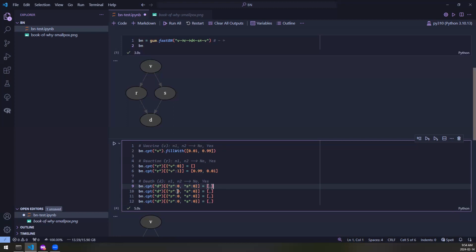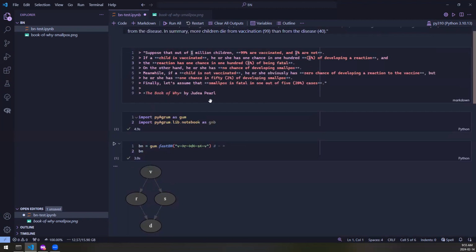Then the next possibility is reaction false and smallpox true. The third possibility is reaction true and smallpox false. And the last one is reaction true and smallpox true. Okay? So let's go back to the text.